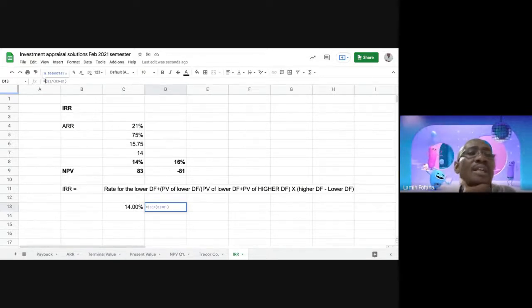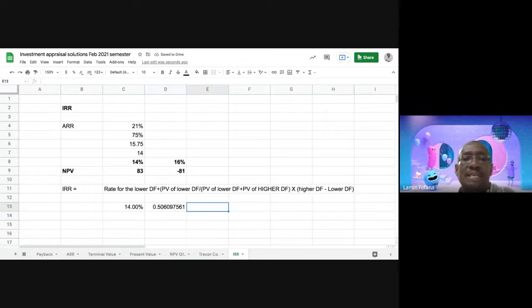Okay, so is that clear? Right. So 83, which is the PV of the lower DF, divided by the PV of the lower DF plus the PV of the higher DF. And then the last part will also be a percentage.